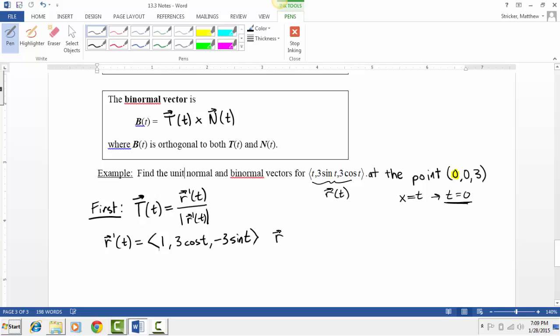If we plug in 0, we get the vector 1, 3, and 0. And we could also take a look at the magnitude of that. The magnitude of r prime of 0 is the square root of 1 squared plus 3 squared plus 0 squared, which is the square root of 10.